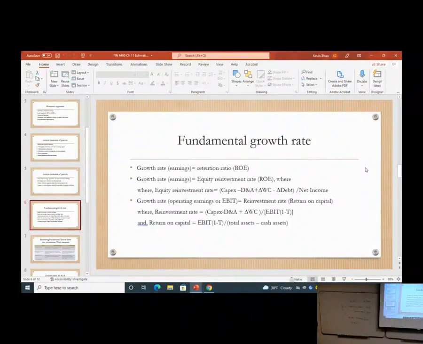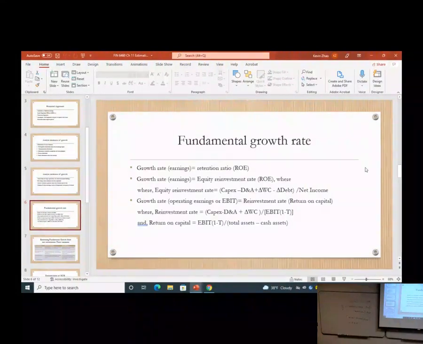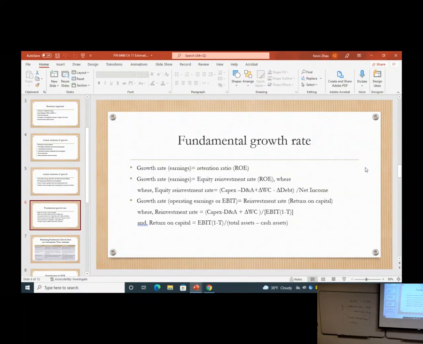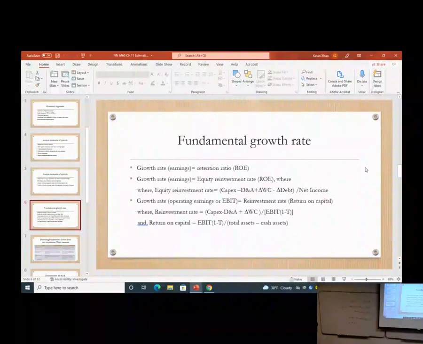And sometimes you say, okay, your estimation of G is like 12%, but the company is not investing anything. How can you achieve that? You see, there's always a balance between this growth rate and the cash flows. Because later on, when you do free cash flow to the firm or free cash flow to equity, right? You will see CapEx, everything, right? And this CapEx should be linked to this G.